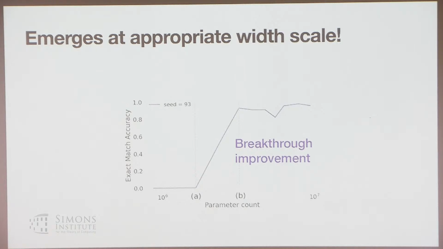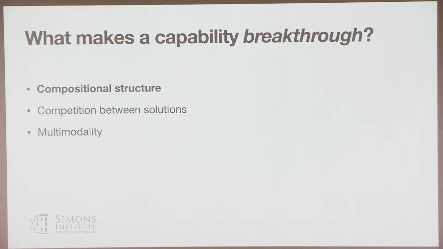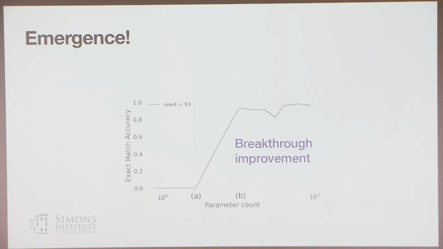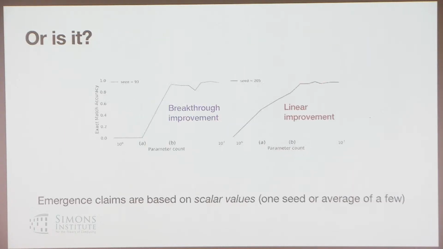Okay, so you can look at the scale curves, and you do see a big jump, emergence, on this one seed that I am showing you right now. So there's an example of where a particular type of compositional structure allows you to have this kind of jump where you pick up on the right kind of latent structure. And so you get emergence.